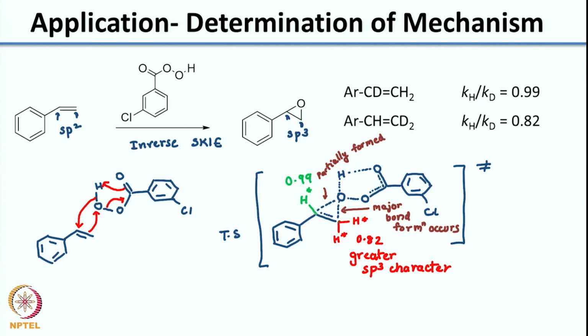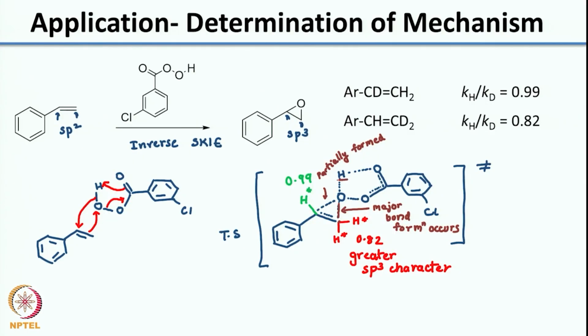So, although the process is concerted, you have different extents of bond formation. You have a greater extent of this bond formation as compared to the other bond. So, kinetic isotope effects can not only give you insights into the nature of the transition state, they can also give you insights into the extent of bond breaking and bond making that happens in the transition state.